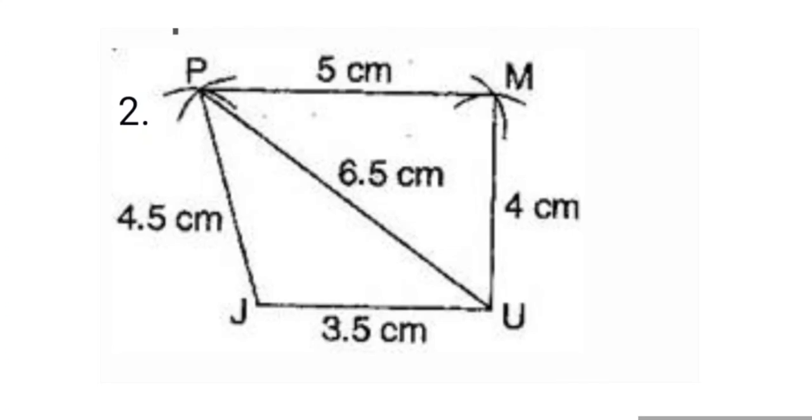Both arcs intersect at P. Now join PJ and PU. Now draw arcs of radius 5 centimeter and 4 centimeter taking P and U as centers which intersect at M. Now join MP and MU. Now this is the required quadrilateral and the name of the quadrilateral is JUMP.